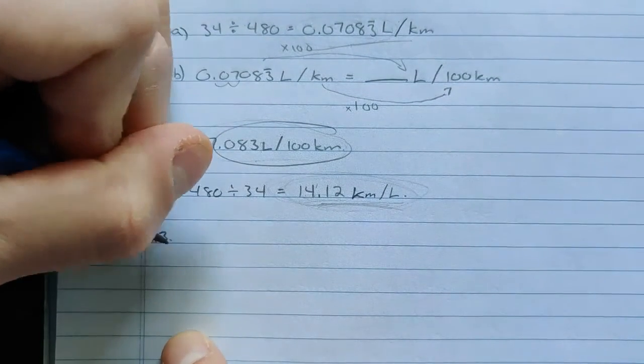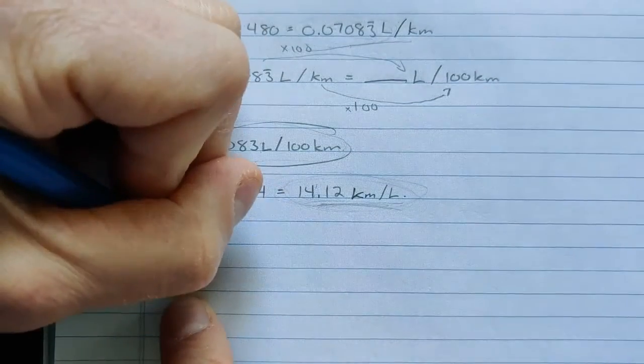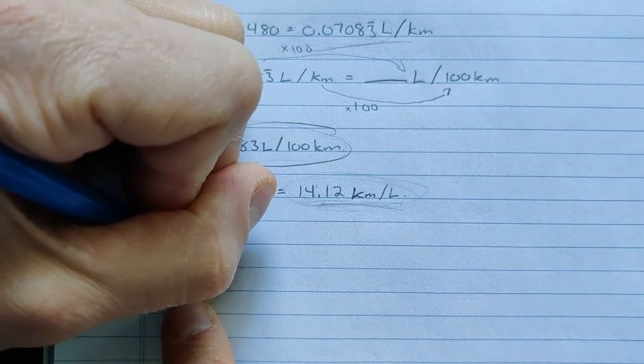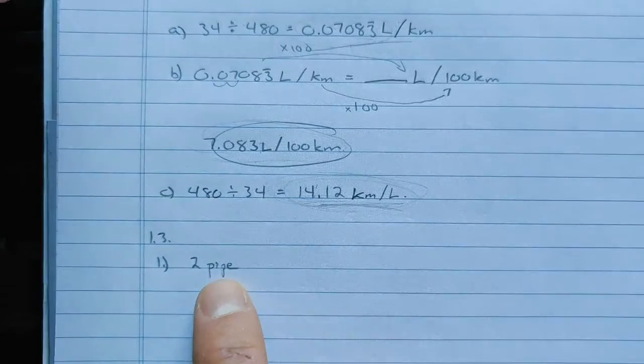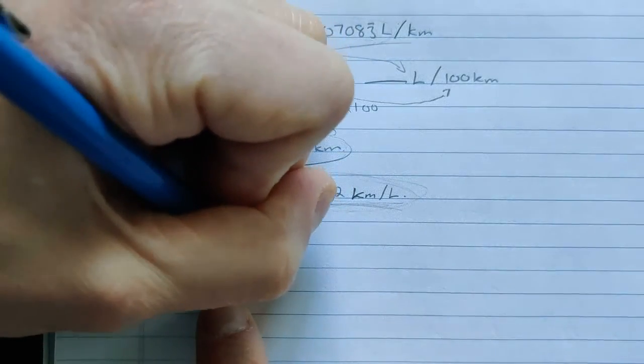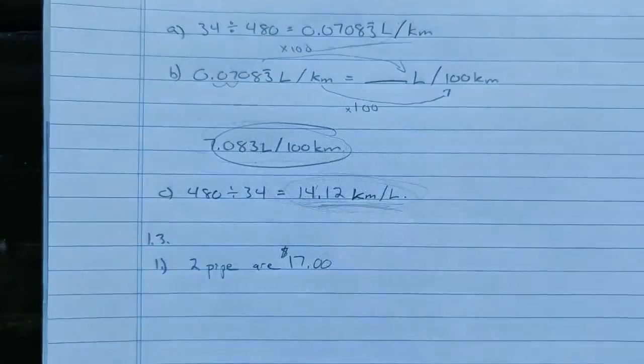So in 1.3, number 1, we have 2 pipes are $17. And we want the cost for 12 pipes.